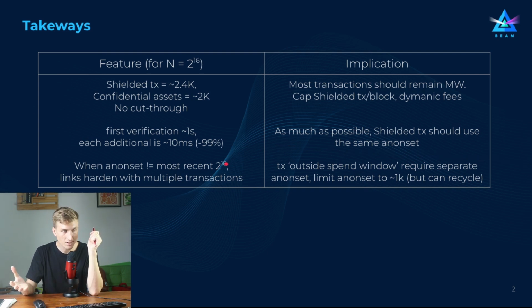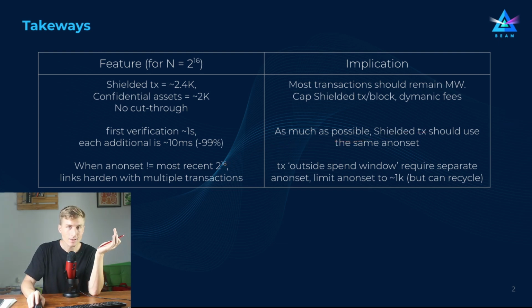Or again, that's about 65,000. If you can use this anonymity set, you don't need to worry about recurring transactions. This is what I've been referring to all along as the correct way to use Lelantus-mw, is to be among the 65,000 most recent transactions, or shielded outputs.